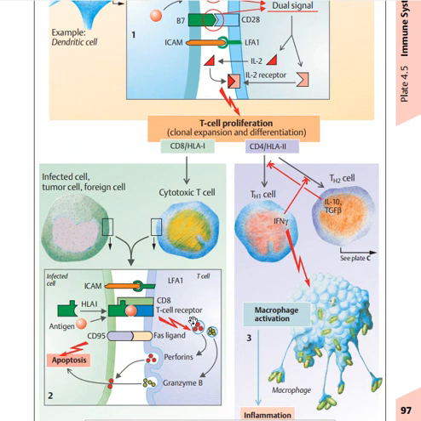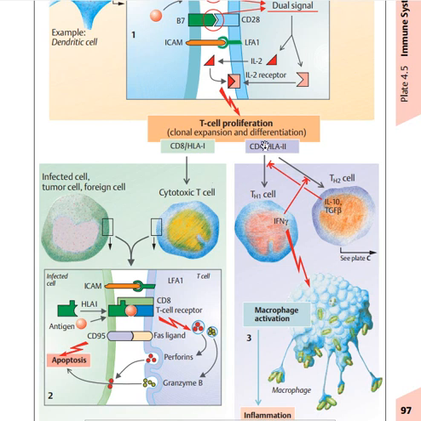These impulses are now going to cause the stimulation of the vesicle containing perforin and granzyme to bind with the membrane of the T cell, and then be released onto this tumor cell or infected cell. This perforin and granzyme are now going to cause apoptosis in this cell.